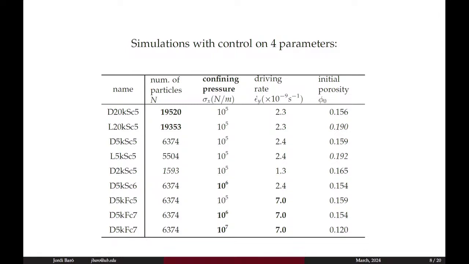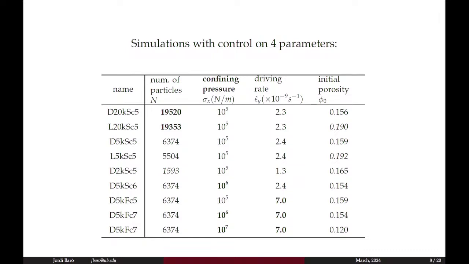Surprisingly, it looks like the statistics don't change much depending on the initial porosity. Once we hit this SES, it looks like the statistics are the same. The driving rate has no effect at all, just on the limit to detect avalanches. So this implies that we are indeed in this quasi-static regime where we don't see inertial effects.